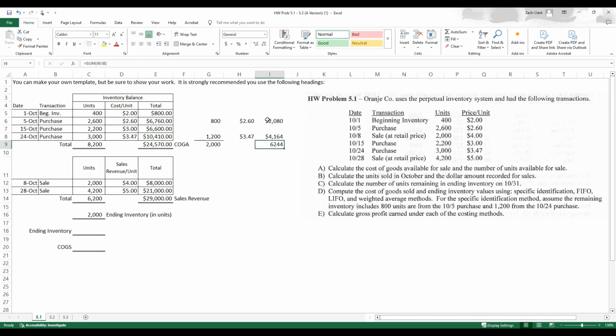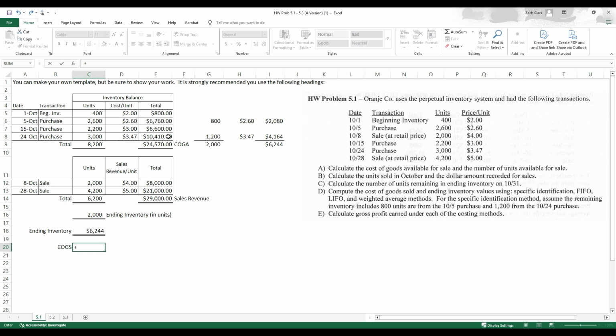Let me do the currency on here. So this 2,000 left over, which we could tell, was what there was left over in total. But then the information further tells us that 2,000 is made up of these purchase types or transactions, and so we have $6,244 of inventory value left over.